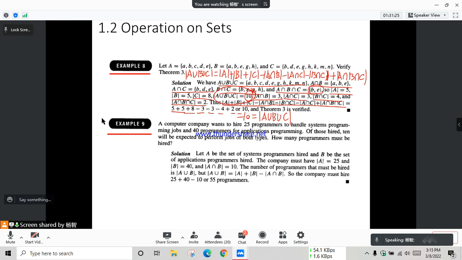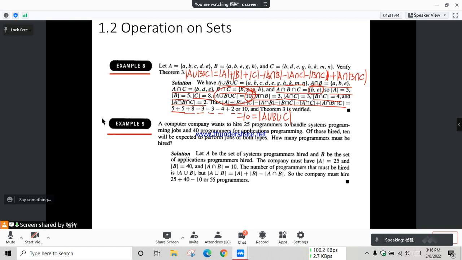Okay, look at example 9. This is a real life example that can use the inclusion and exclusion property.